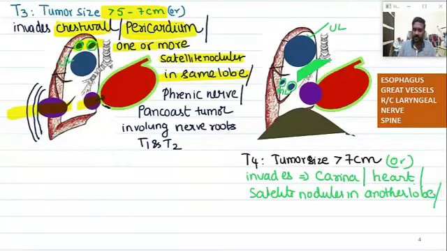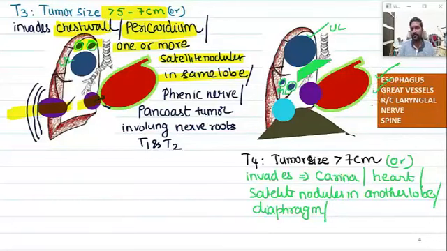And apart from that, involvement of the diaphragm. So diaphragm and mediastinal structures such as esophagus, great vessels, recurrent laryngeal nerve, and also spine.